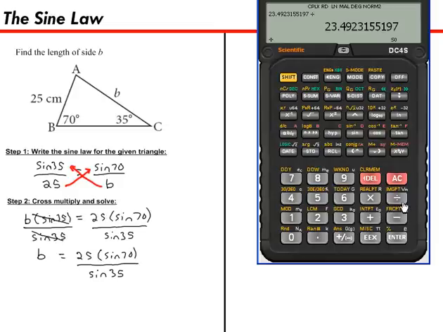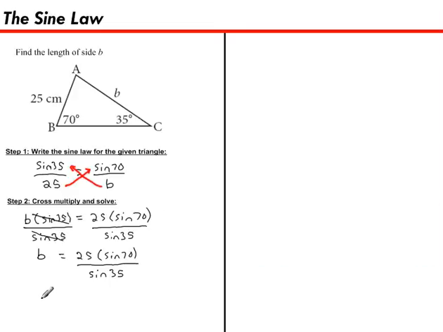Then I'll divide it by sine 35 and hit enter again, and there's my answer. B is 40.9576, or we'll just round that in this case to 41 centimeters. So my final answer is B is equal to 41 centimeters.